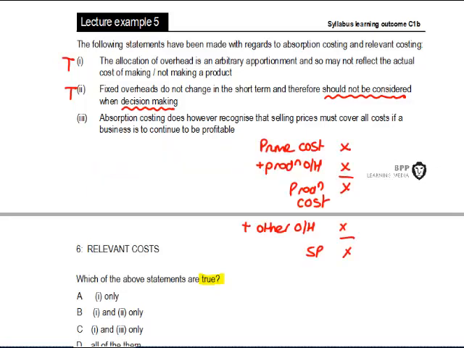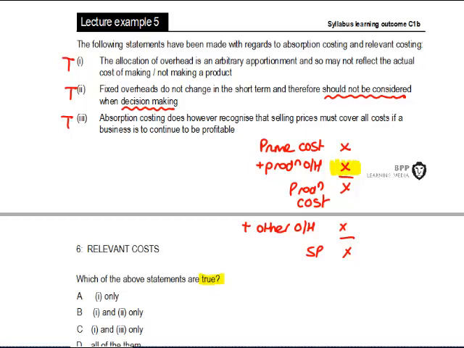The third statement here is also true. Absorption costing does recognise that selling prices must cover all costs if a business is to continue to be profitable. If you think about our cost card, then our cost card under absorption costing includes an element of production overhead in production cost.